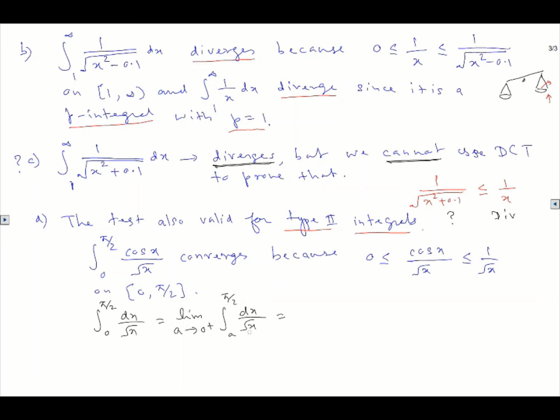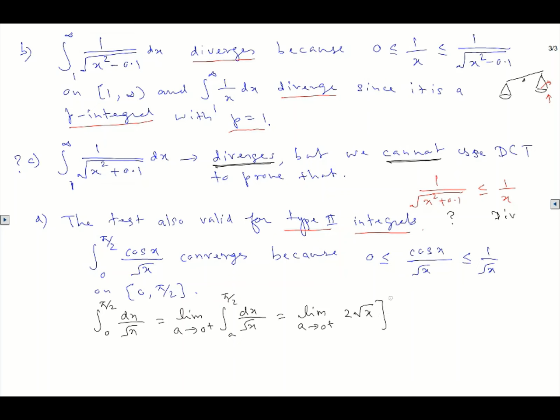This is a very easy integral. You can bring it to the top and then you can integrate. So you're going to get the limit as a goes to 0 plus. What's the integral here? The integral is 2 square root x.